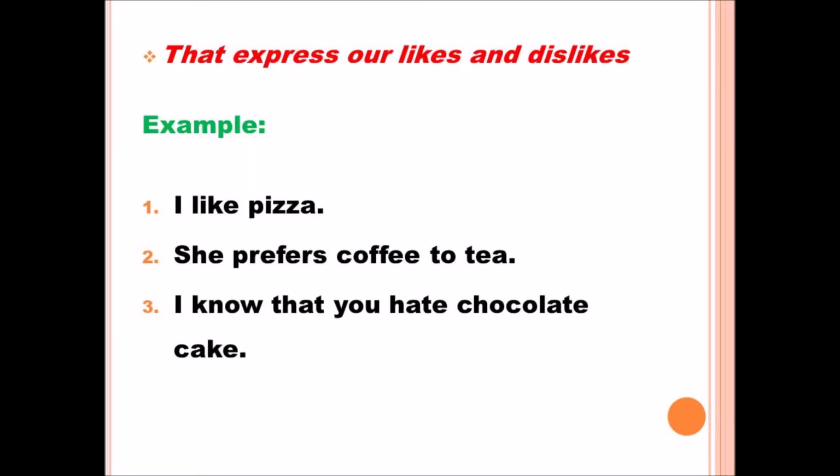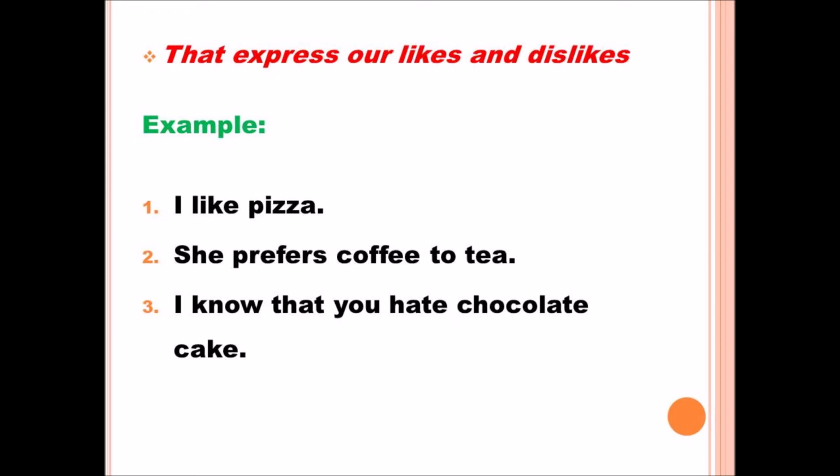The third one expresses our likes and dislikes. So we use simple present tense for this expression, right? For what? Our likes and dislikes. So if you like something, how will you say? I like pizza. So it is expressed in simple present tense. And I don't like pizza.